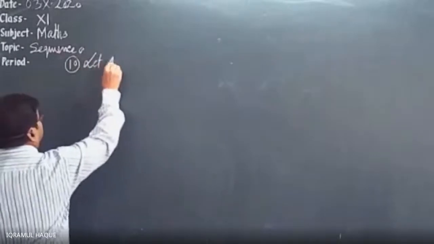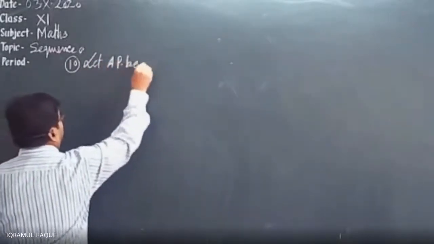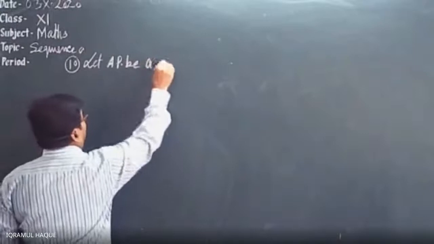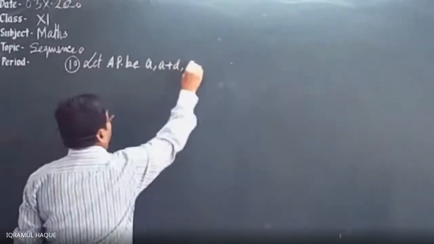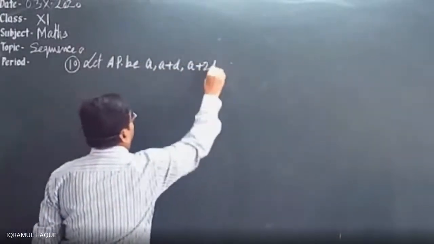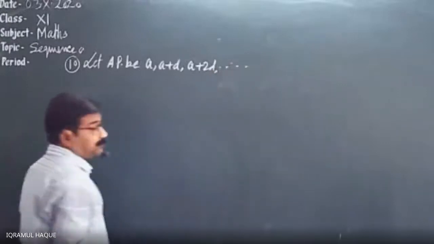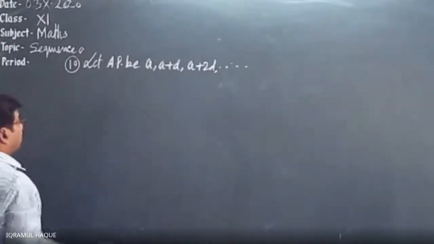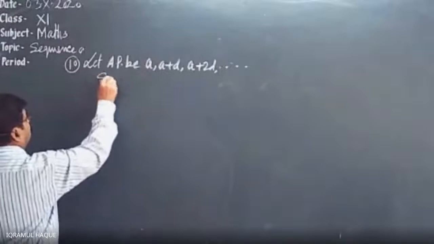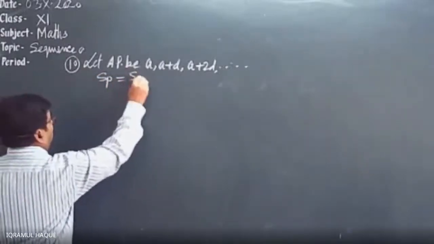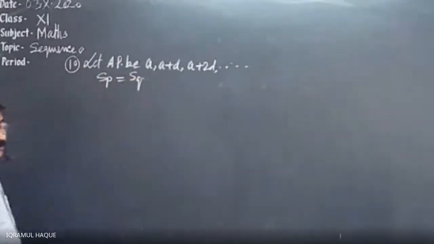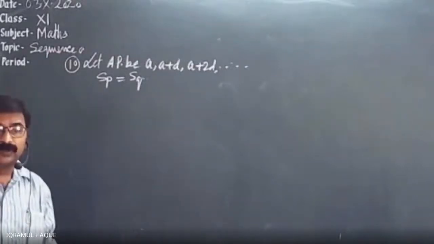Let the AP be a, a plus d, a plus 2d, and so on. Given S_p is equal to S_q. Sum of p terms is equal to sum of q terms.